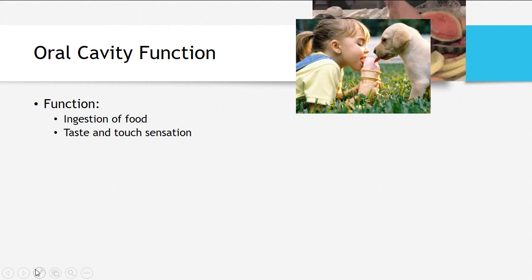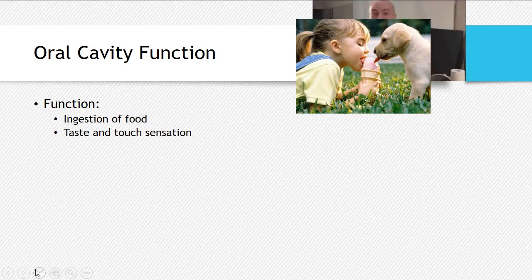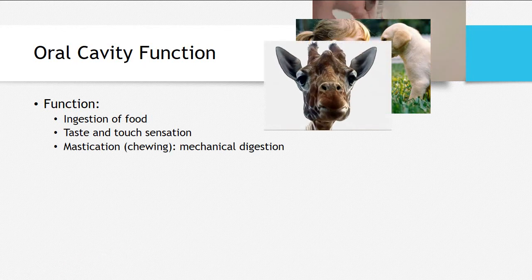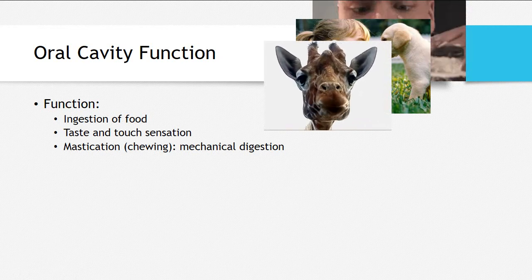Glossopharyngeal for the posterior one-third, and for the pharynx and such. Also for mastication, for chewing purposes.